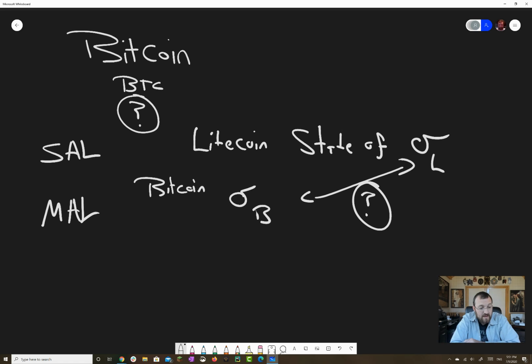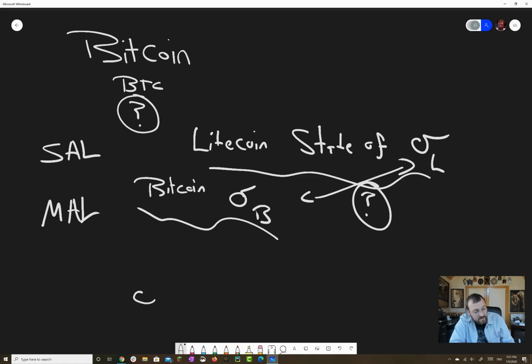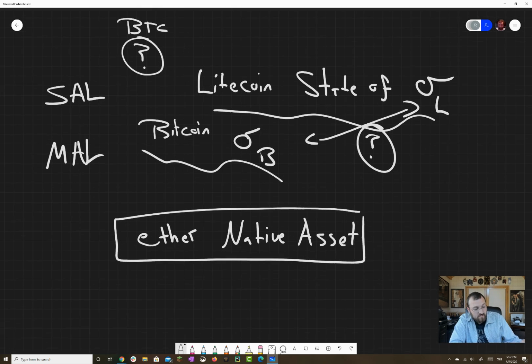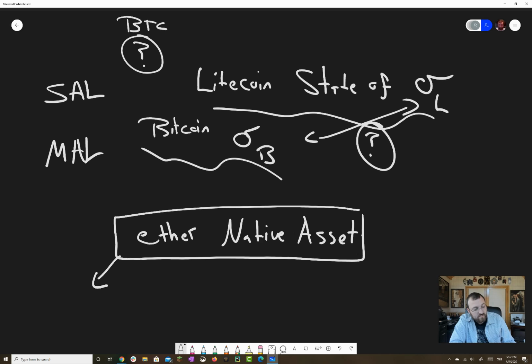So instead of saying, hey, we just have one system and it has Bitcoin, or one system and it has Litecoin, we want to have many tokens. So generally how that's done is you have something like Ether, and that's a base native asset of the system. So you pay the transaction fees with that. And then you have assets derived from smart contracts like ERC20, for example.